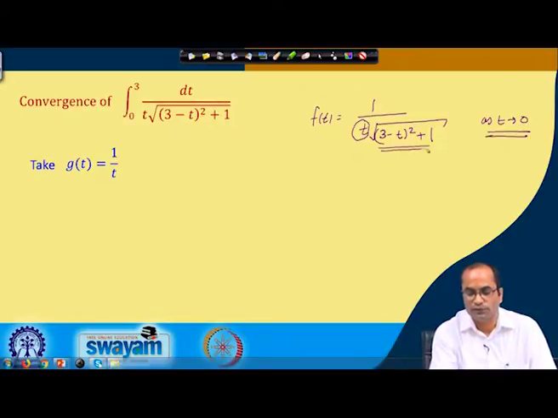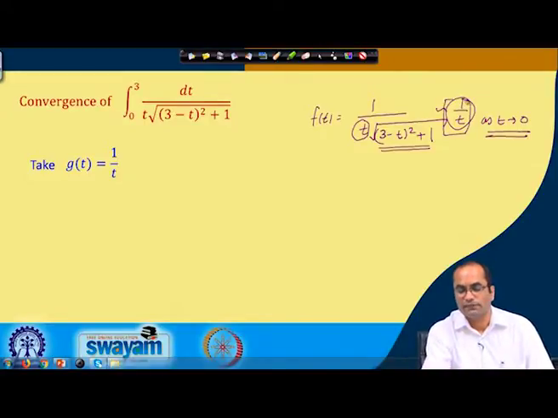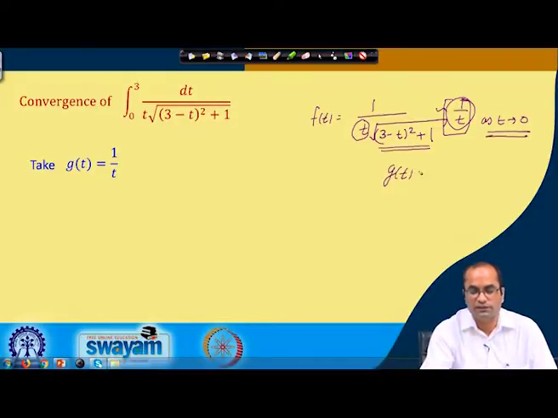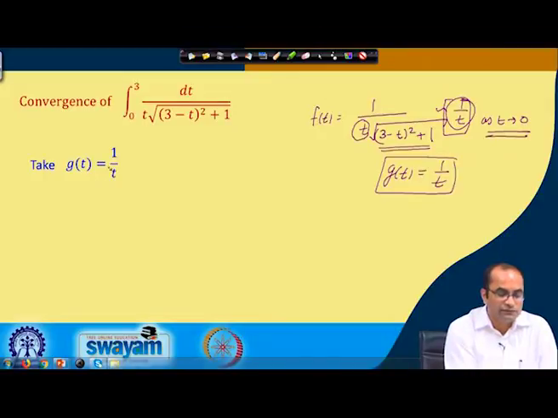There is absolutely no issue with the square root, which is bounded when t approaches 0. So this function is getting unbounded because of this 1 over t, which means the behavior when t approaches 0 is set by 1 over t. So we choose the function g(t) as 1 over t.